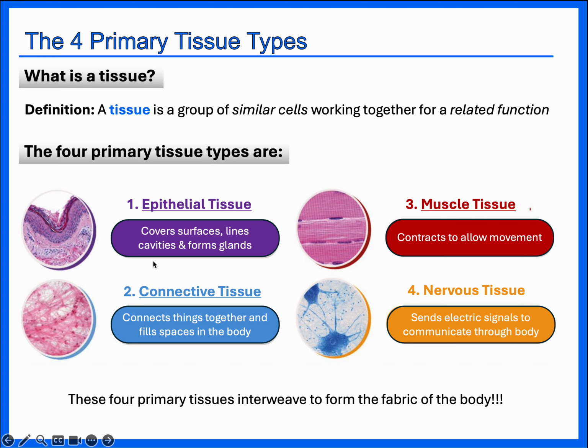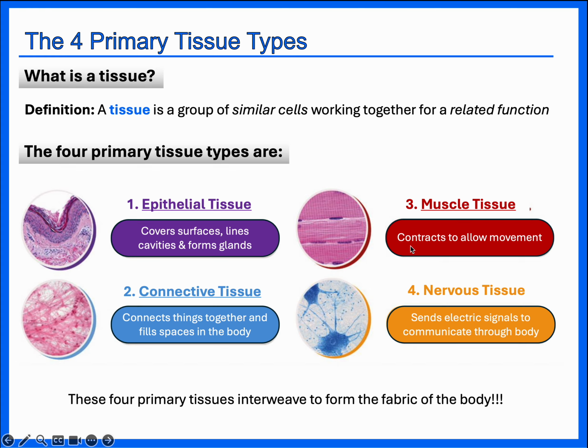So epithelial tissue covers surfaces, it lines cavities and forms glands. So when you think epithelial, epi means on top of surfaces, right? It could be on top, like all of your skin is an epithelial tissue. It could be lining a cavity, right? Or it could be lining like inside your esophagus or your trachea, right? There's an epithelial tissue there too.